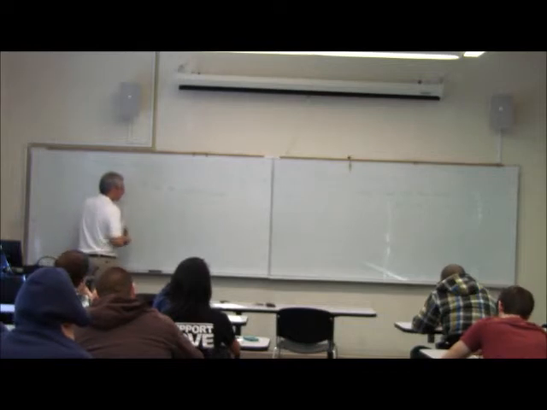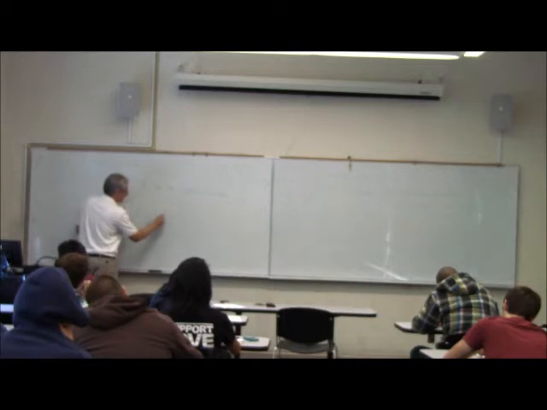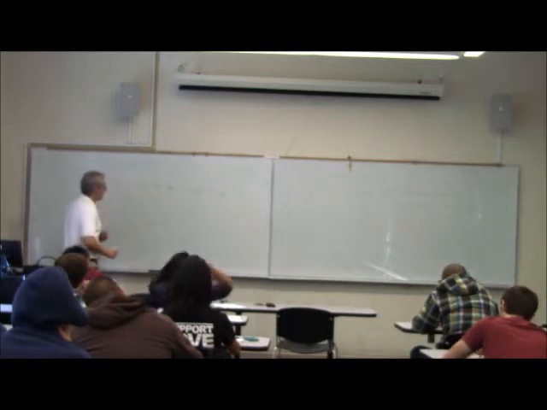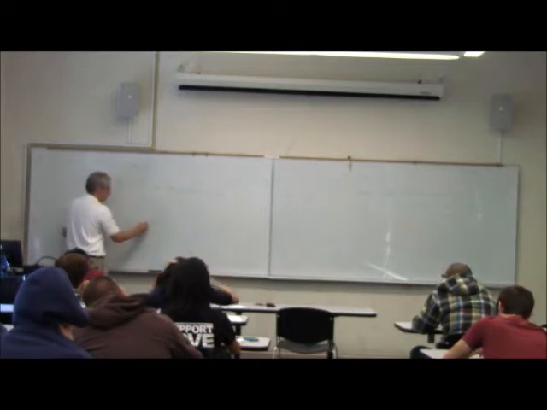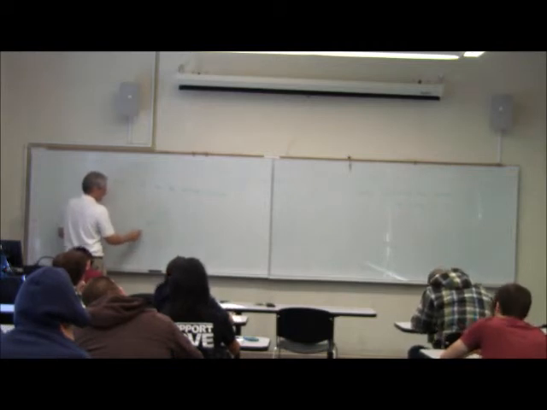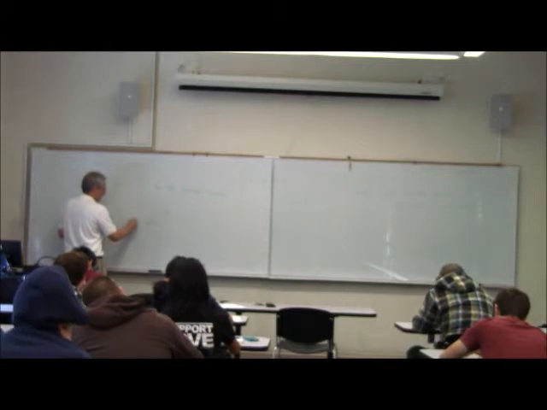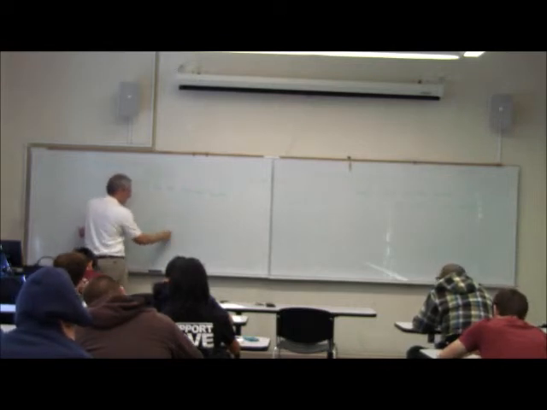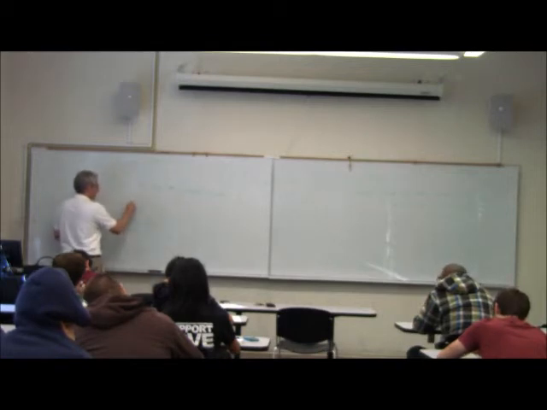All of these have to satisfy the end constraints. So here's x1 and y of x1, here's x2, and this is y of x2.